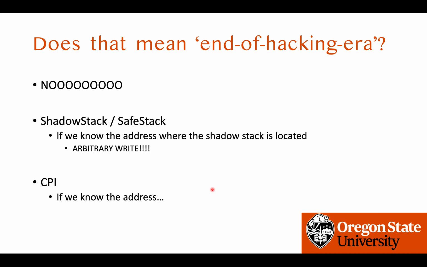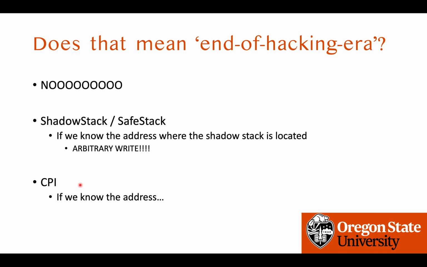Then, does this mean the end of the hacking era? No, not at all. Shadow stack and safe stack require secure memory regions, and these secure memory regions are protected by the memory privilege level. Most implementations rely on a fixed but randomly chosen memory allocation, and the security relies on the fact that attackers don't know where the secure memory region is allocated.